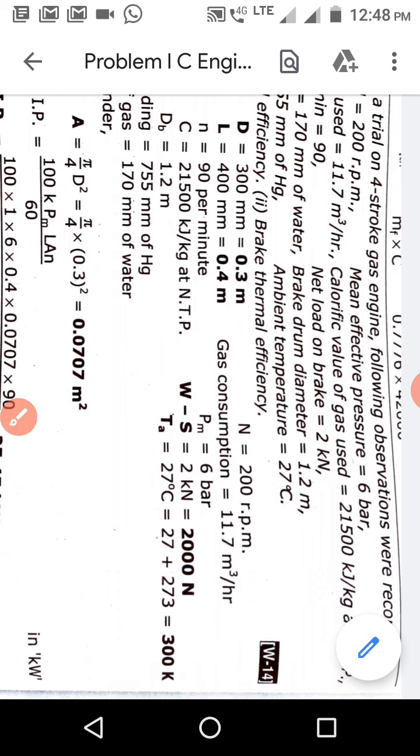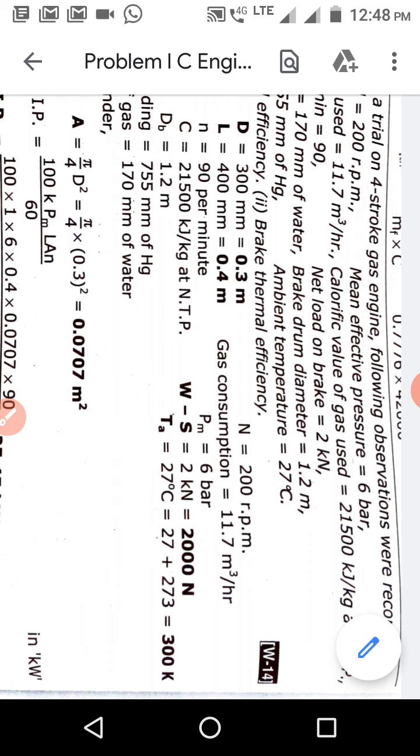That is very important, because to calculate the heat supplied to the engine two parameters are required: what amount of volume or mass of gas is used, and the calorific value of that gas. If these two things are given at different conditions, then you cannot calculate the heat supplied by the fuel. So you have to convert either one of the parameters to the same conditions.